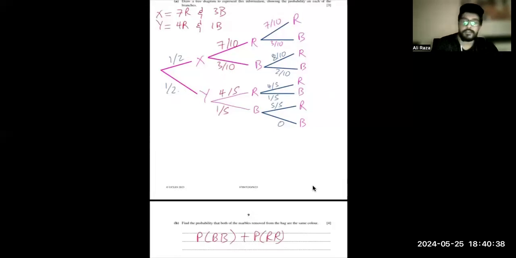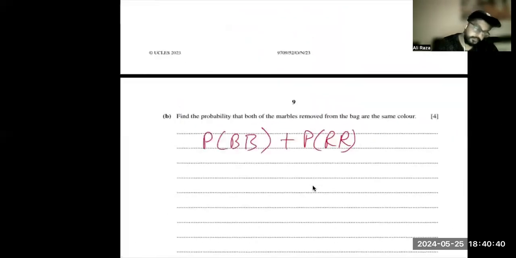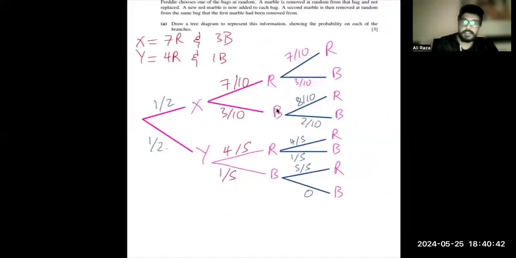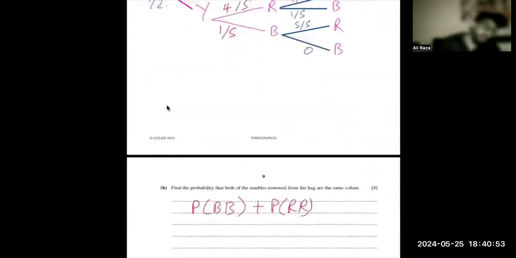For X and Y, both of them, so we'll have 7 over 10 multiplied by 7 over 10 plus 3 over 10 multiplied by 3 over 10, and both of these multiplied by 1 over 2.